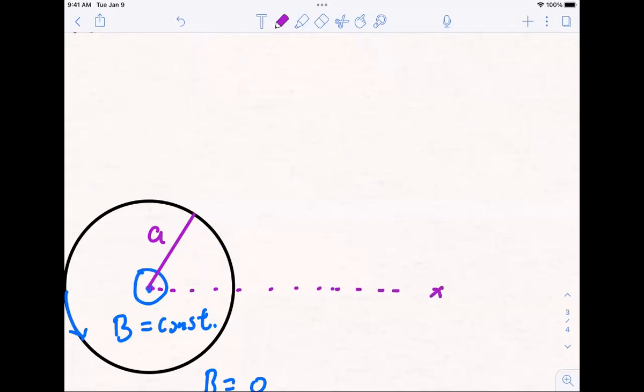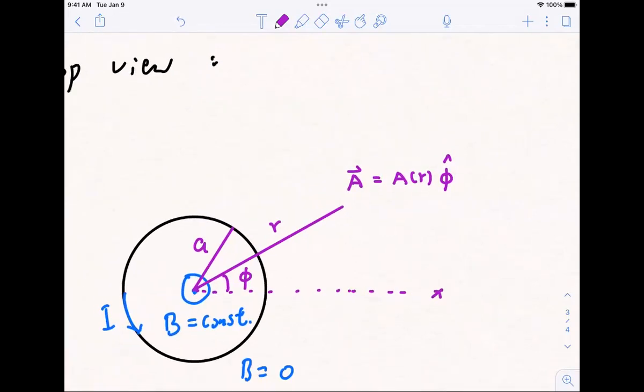This is x, let me define this as r, and this angle is phi. So the A will be equal to A(r) phi-hat. This will be the form of A, because the B goes out.